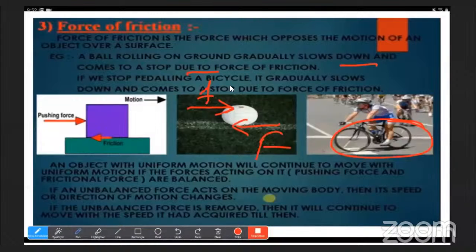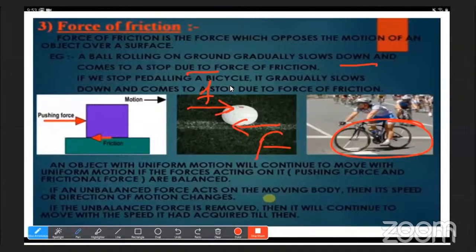Okay, so here is an object with uniform motion.